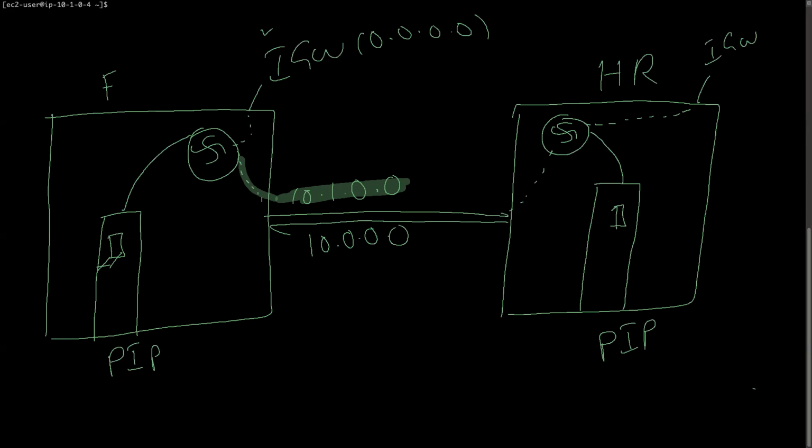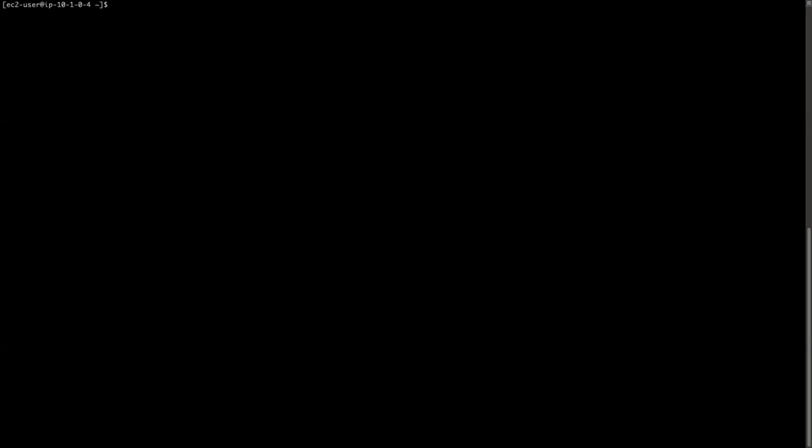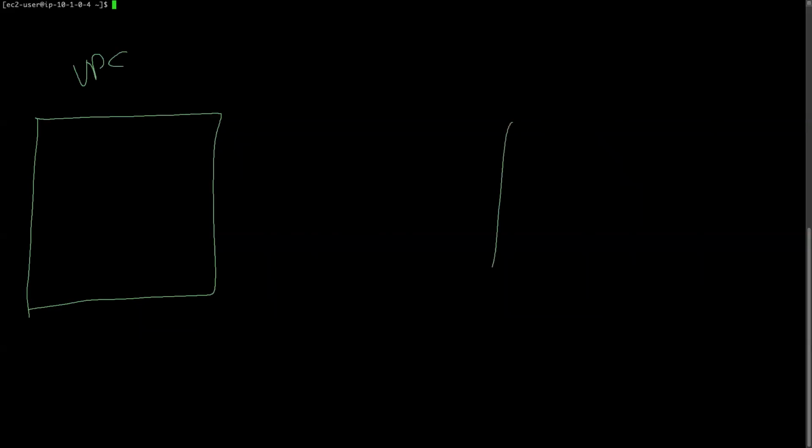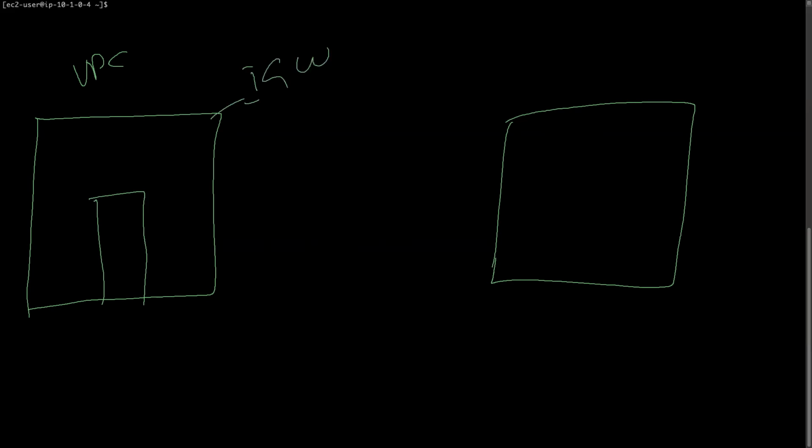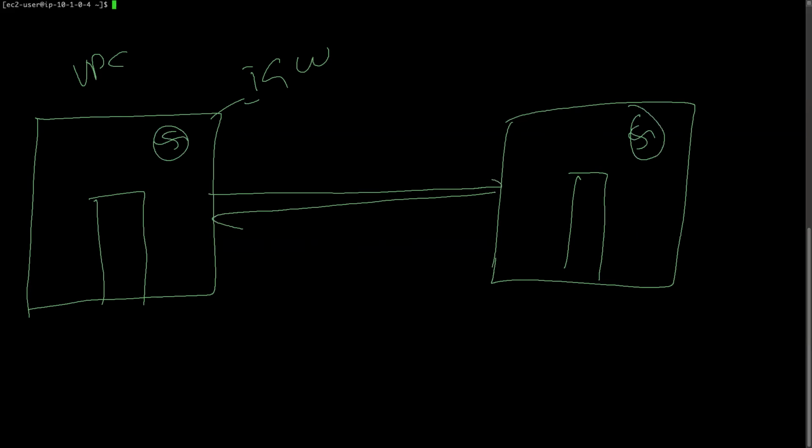Okay, so technically this is a similar setup. Now in a typical scenario in a company, you would have something like this. This is a VPC and this is another VPC. You have this connected to an internet gateway and you have subnets here. You have a router, and you do the peering, connected to this.